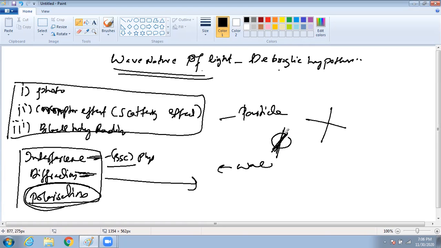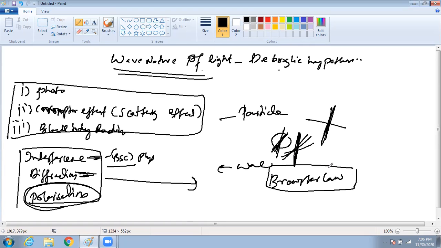Slowly, if you rotate more and the axis is matching, full intensity goes. If it changes, there is something called Brewster's law. Remember Brewster's law, one of the laws in polarization which you would have studied. More about that you will study in your BSc. Clear?